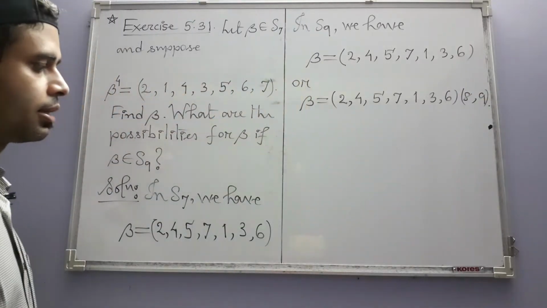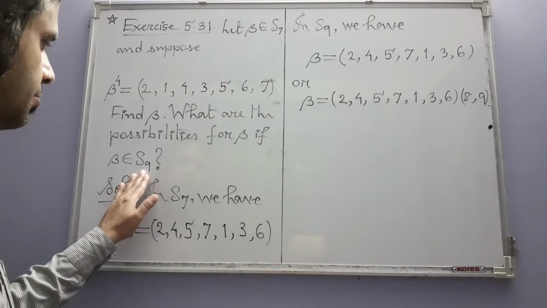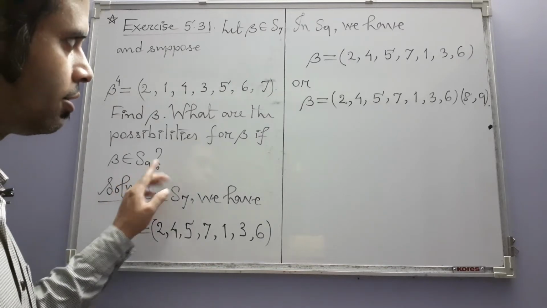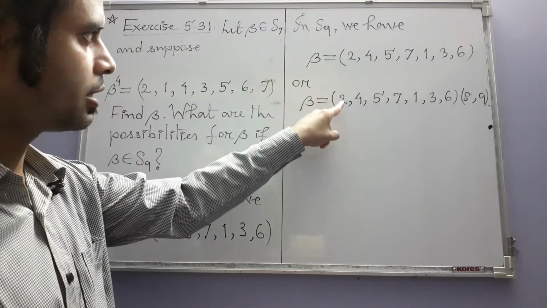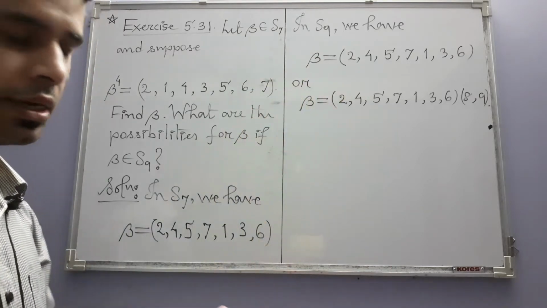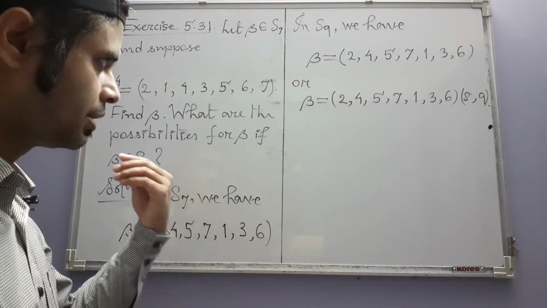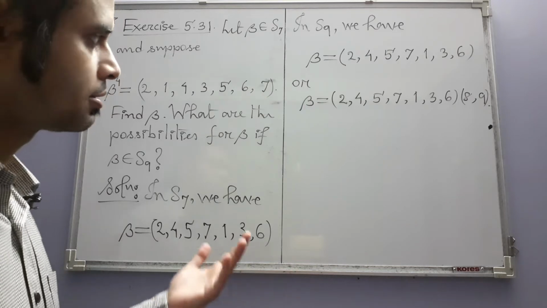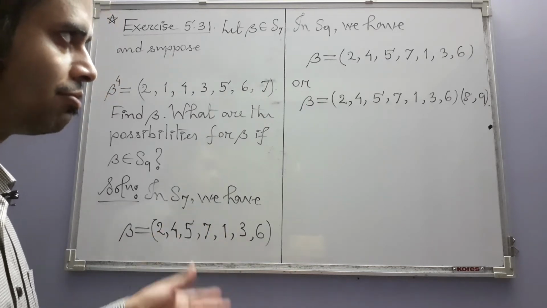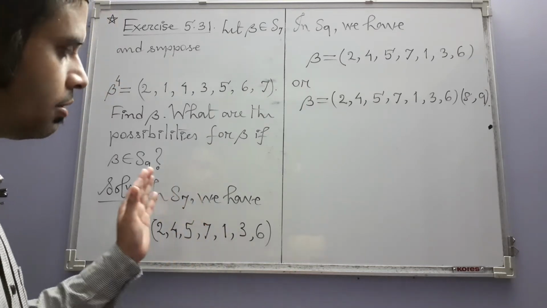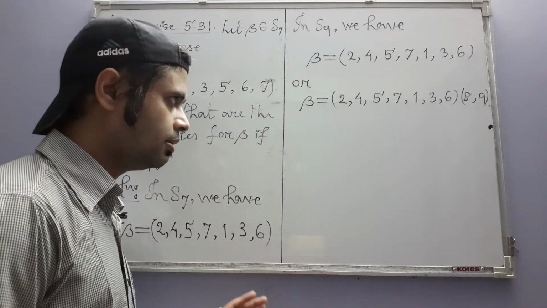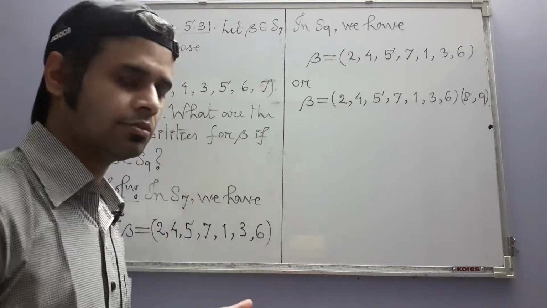Now the fact that in this new setting, in S prime also, we are simply saying that beta has to behave exactly like this with the first 7 symbols. That is not something very difficult to understand. If you have not understood it readily, I want you to think of it again.